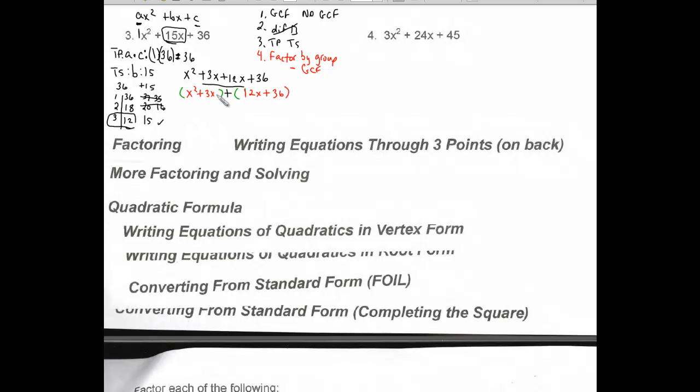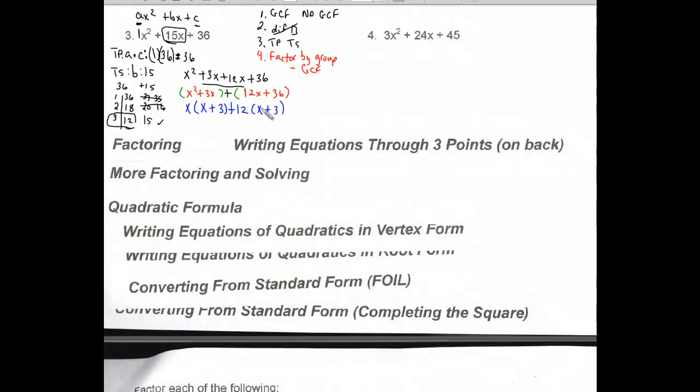The GCF in the first group is x, and what's left over: x goes into x squared x times, x goes into 3x 3 times, plus the greatest common factor in the next grouping is 12. 12 goes into 12 one time, 12 goes into 36 three times.